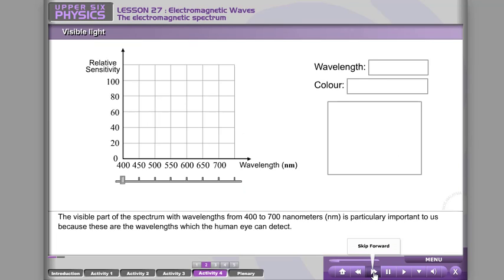The visible part of the spectrum with wavelengths from 400 to 700 nanometers is particularly important to us because these are the wavelengths which the human eye can detect.